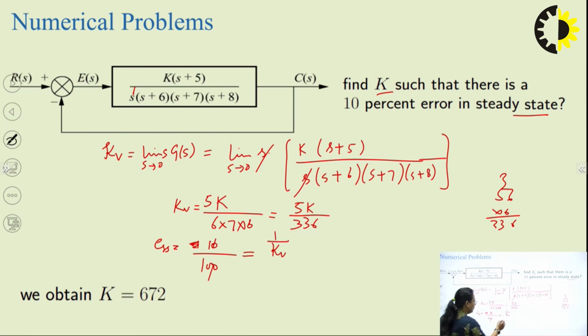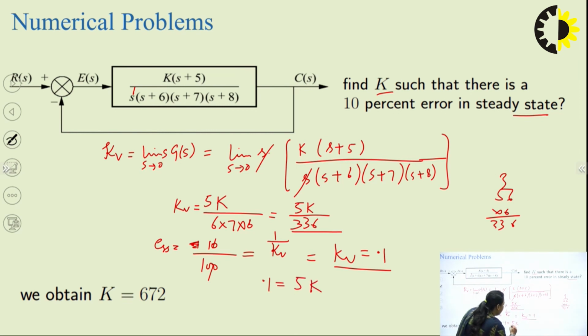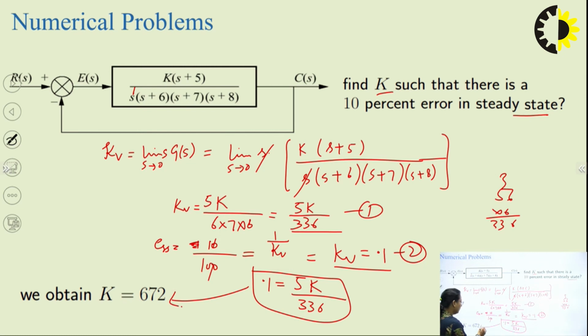So Kv from here is 0.1. By comparing the value of Kv from equations 1 and 2, that is 5k upon 336 and 0.1, I calculate the value of k, which is equal to 672.